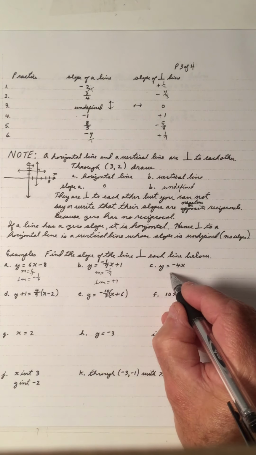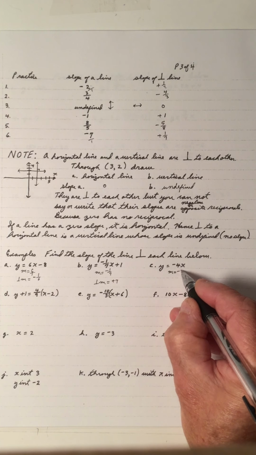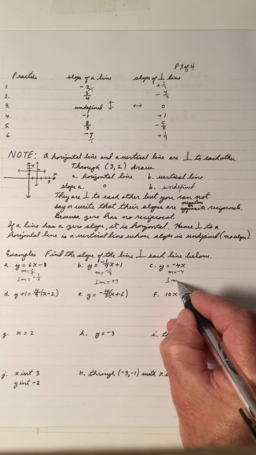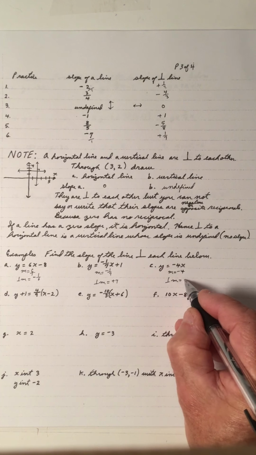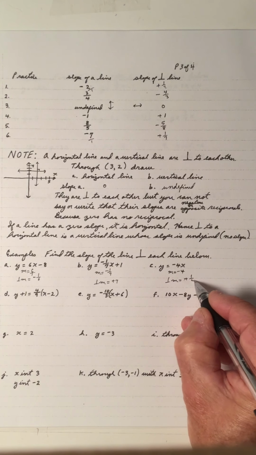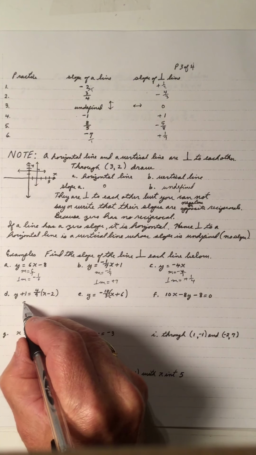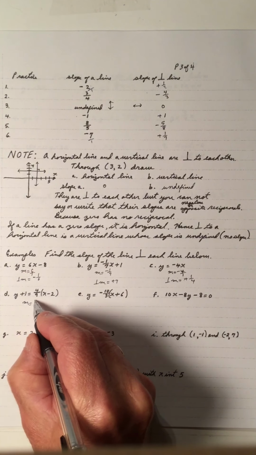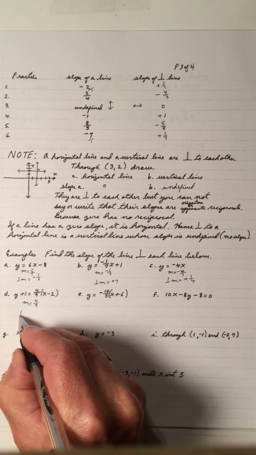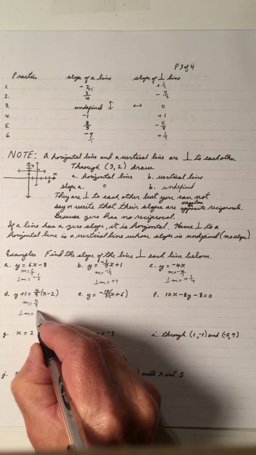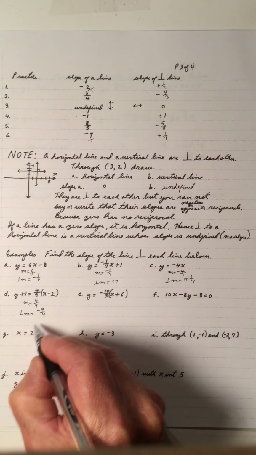Reciprocal. The slope of this line is negative 4. So the perpendicular slope is a positive 1/4. Again, the 4 is over 1, just to remind you. The slope of this line is 4 over 9. So the perpendicular slope is negative 9 over 4.